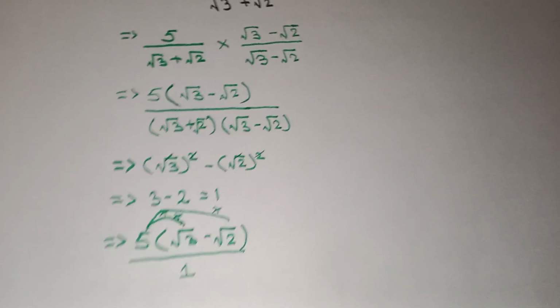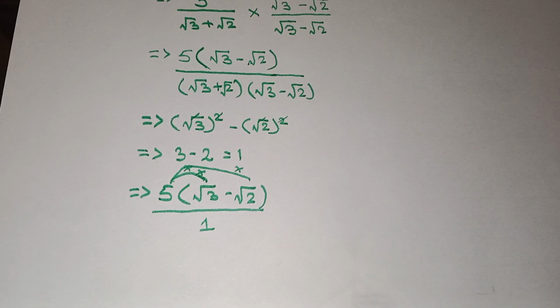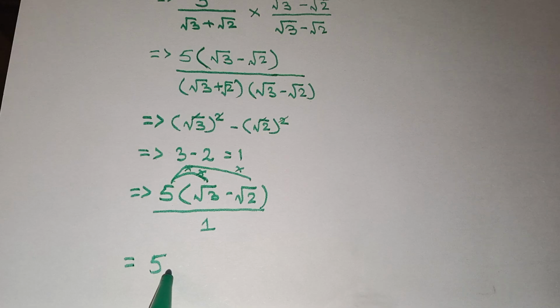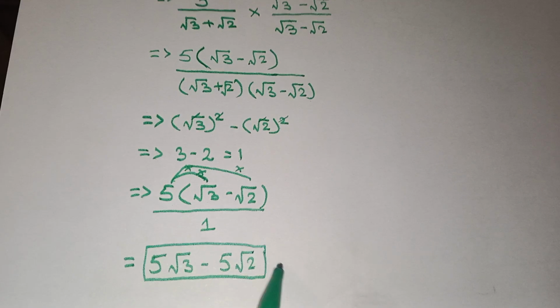After multiplying 5 by surd 3 and minus surd 2, the final answer we get is 5 surd 3 minus 5 surd 2. This is the final answer.